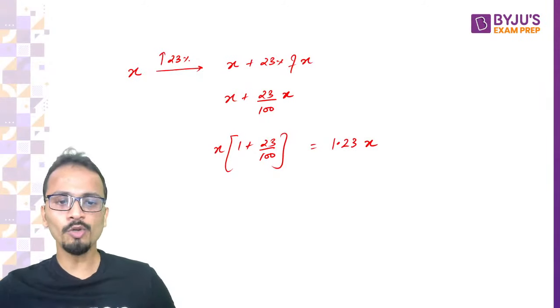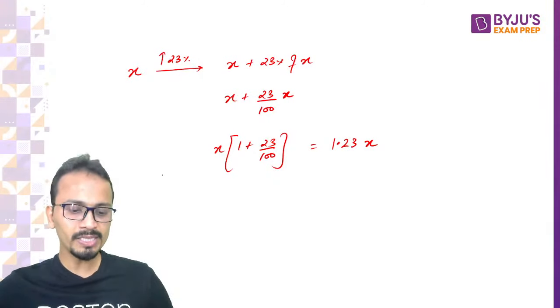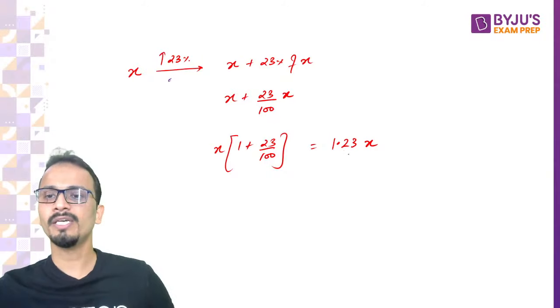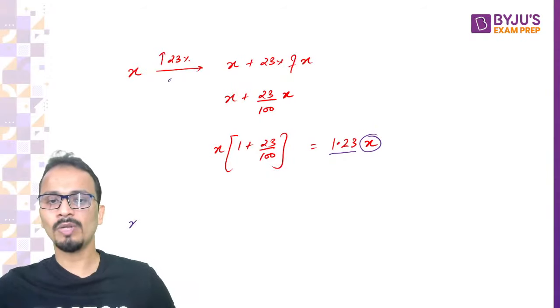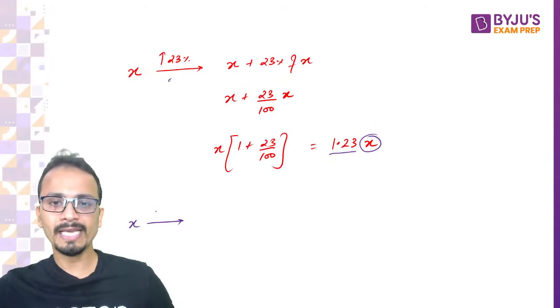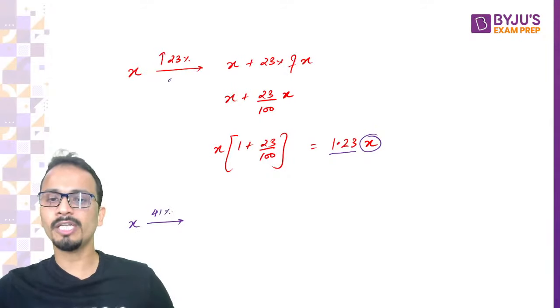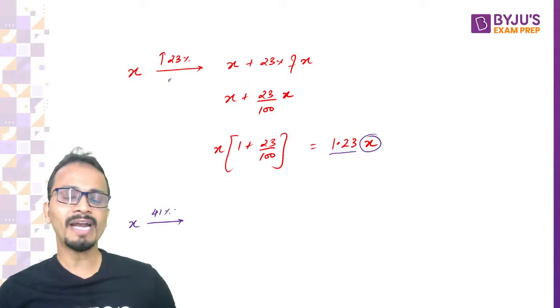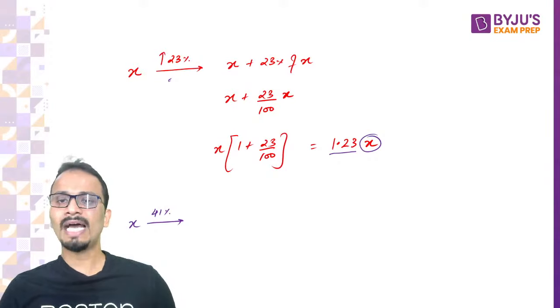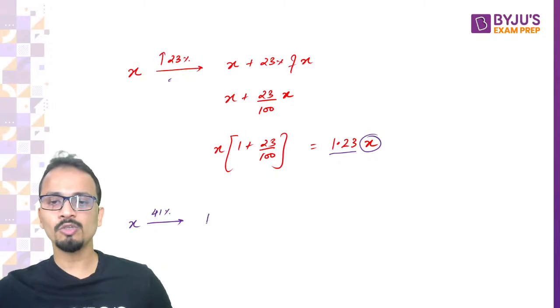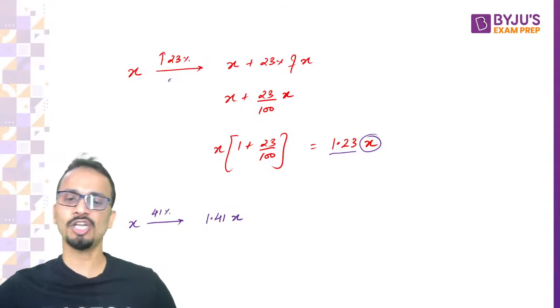So if I wanted to increase any number by 23 percentage, the final value will be 1.23 multiplied by X. Likewise, if you want to increase X by 41 percentage, 41 will be divided by 100, that is 0.41, and then 1 will be added to that to generate this factor 1.41, which will be multiplied by the initial value.